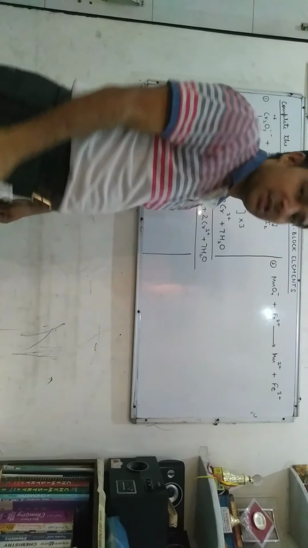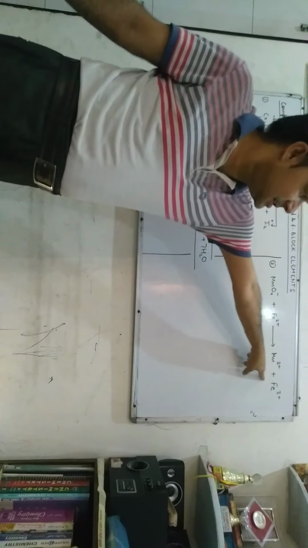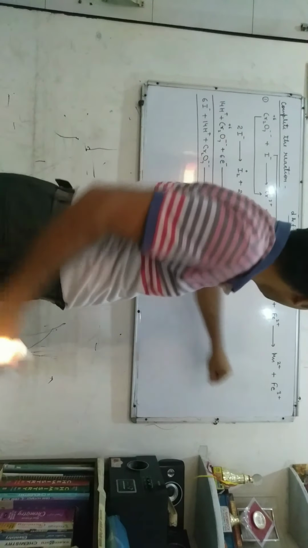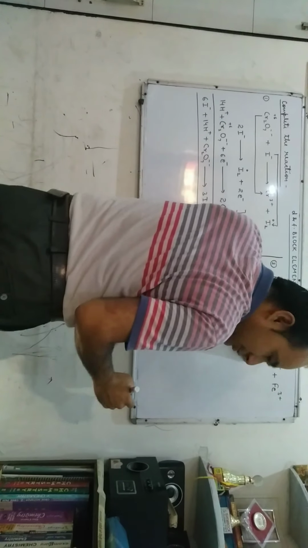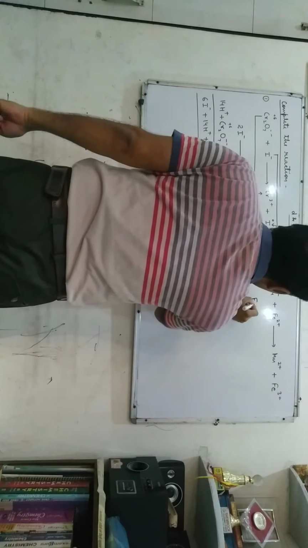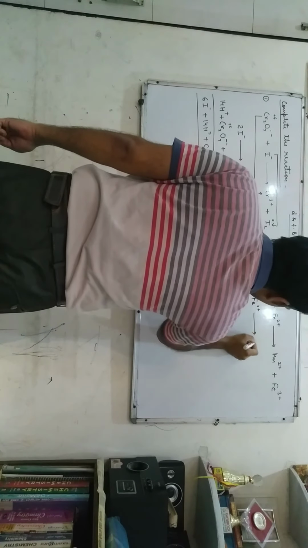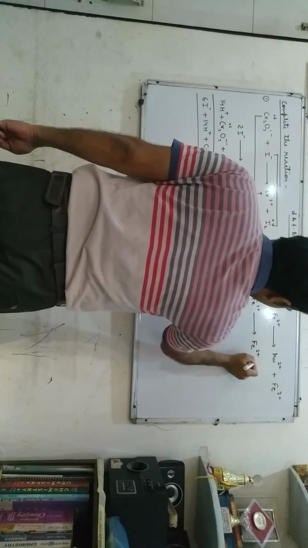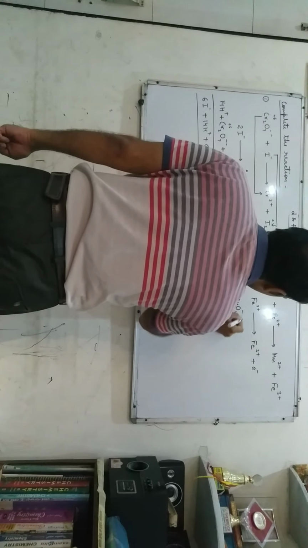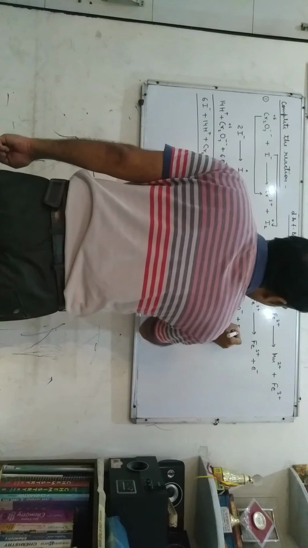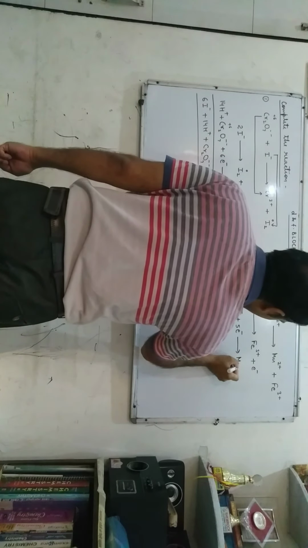After seeing this equation, we notice that Fe2+ is oxidized to Fe3+, while MnO4-, in which manganese has +7 oxidation state, is reduced to Mn2+. Now first aim is to split the equation into two half reactions and then balance the equation by adding electrons to the electron deficient side. Now here MnO4- plus 5 electrons gives Mn2+.